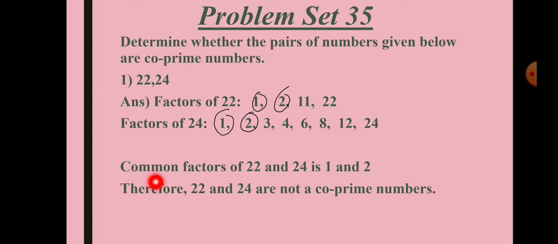So in the next line you will write: common factors of 22 and 24 are 1 and 2. So as I said, if the common factors are more than 1, it cannot be co-prime. So you will write, therefore 22 and 24 are not co-prime numbers.